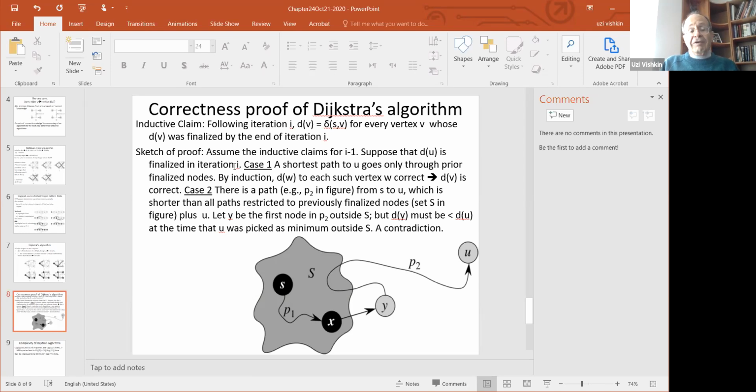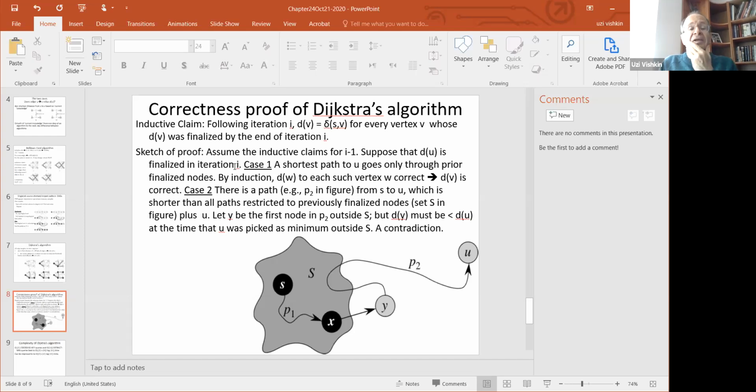If it goes only through such vertices, the inductive hypothesis means that to every such vertex, the distance is correct, in particular to the vertex W that leads me to U. Now, upon finalizing the vertex W that leads me to U, the algorithm relaxes all the distances, accounting for the correct distance to W and adding the edge WU, which means that if this is the case, the algorithm did it correctly. So this is the easy case.